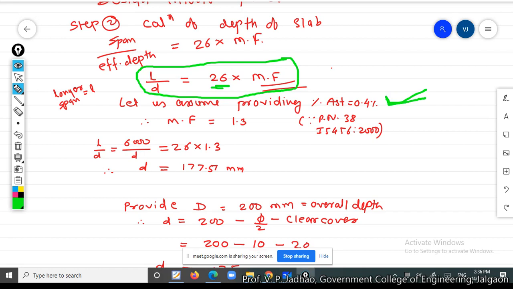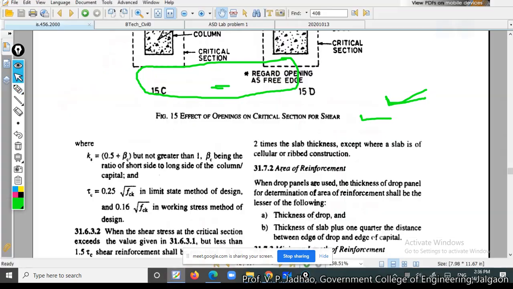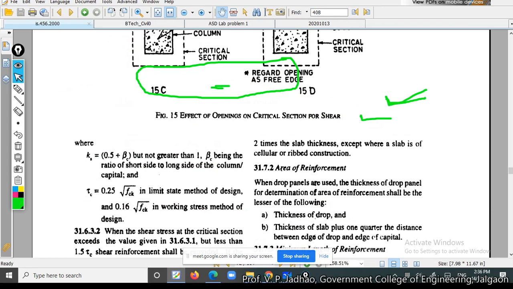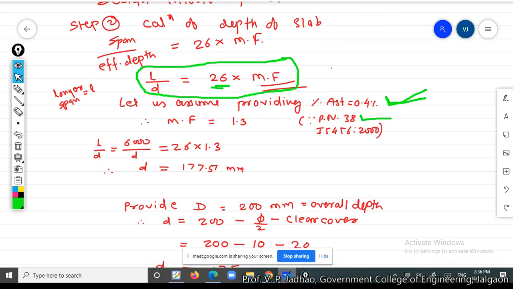From this 0.4% Ast, the values of different multiplication factors can be obtained from IS 456, page number 38.